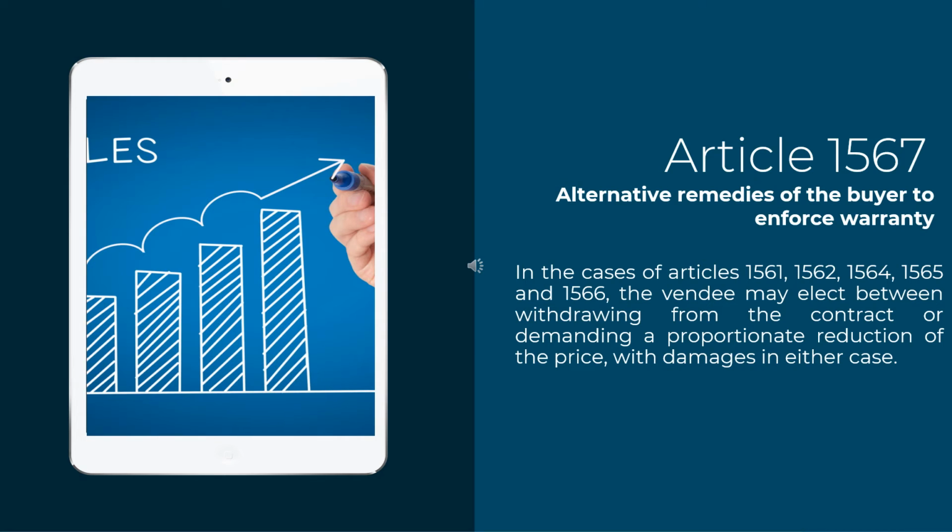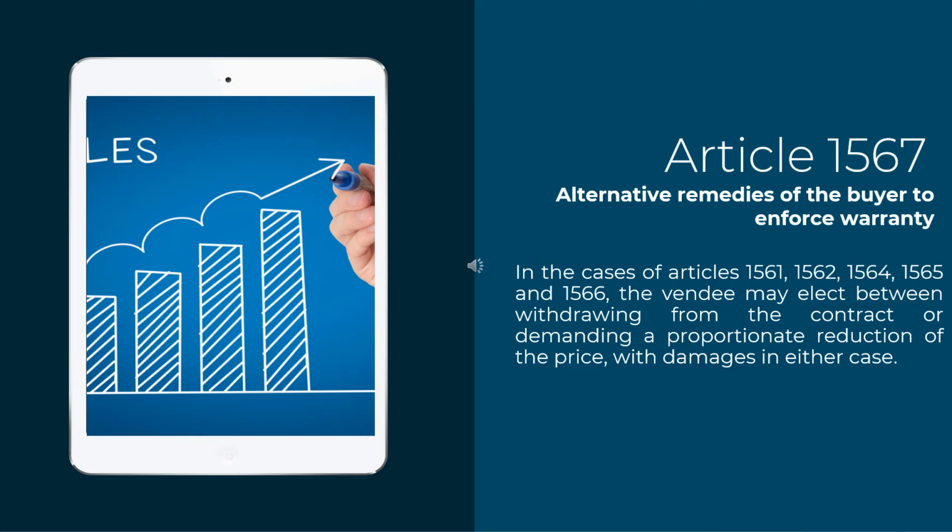Now, the first is known as action redhibitoria, the first option. While the second option, which is the reduction of the price with the right to damages in either case, is known as the action quanti minoris. Now, the same right is given to the vendee in the sale of animals with prohibitory defects.